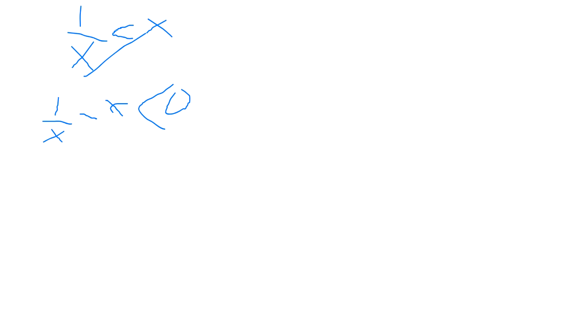Are we together? Yes, sir. Then you find the LCM. Our LCM will be x. Are we seeing that? x will cancel here to what? 1. So we are going to have 1, and x goes here. So minus.